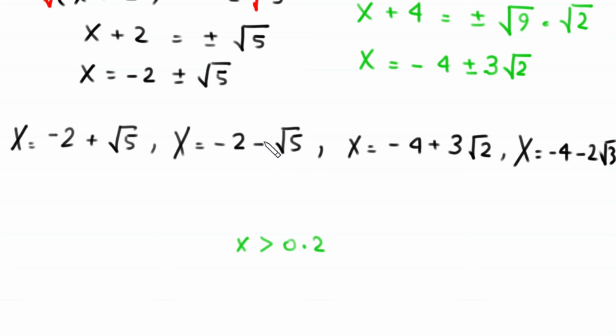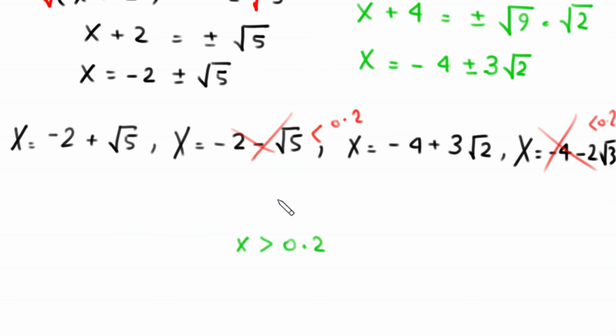This negative 2 minus root 5 is less than 0.2. This will be rejected. This negative 4 minus 3 times root 2 is also less than 0.2. So this also will be rejected.